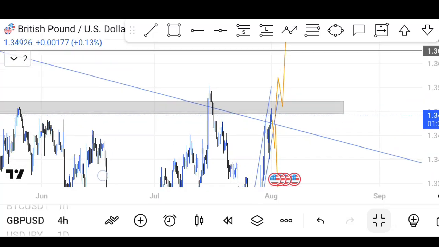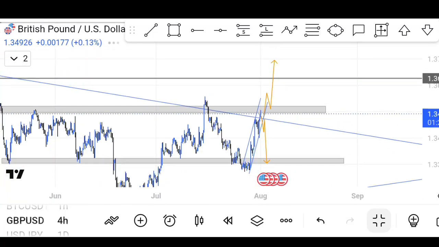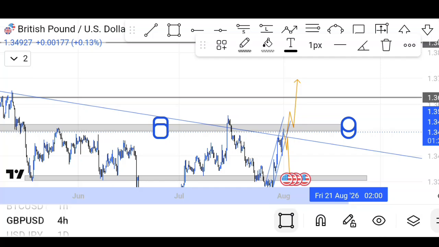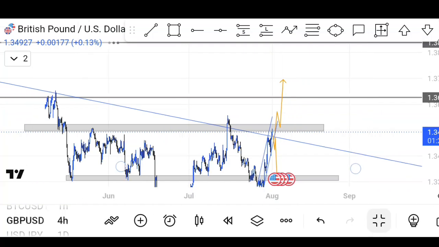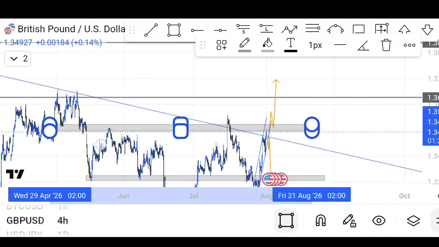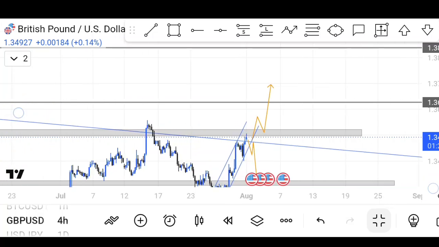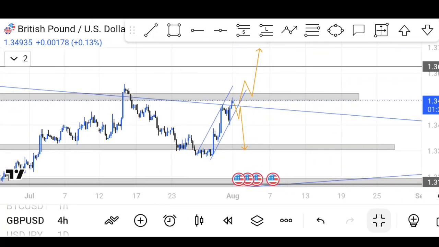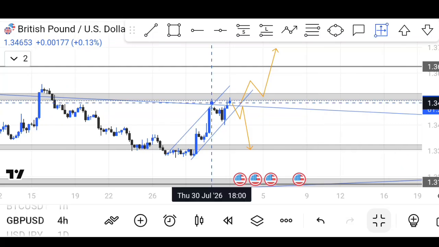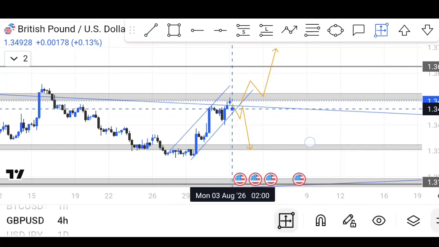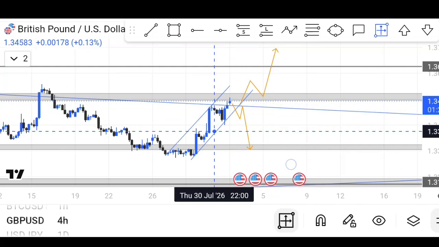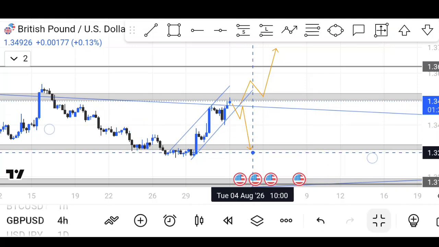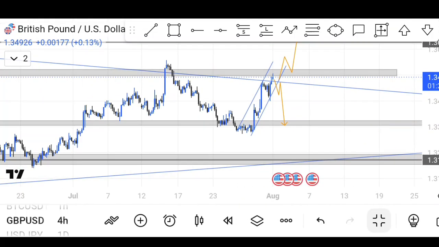The only reason I'll be interested in buying GBPUSD is if price breaks out of this resistance level here. And the only reason I'll be expecting to sell is if price breaks below this trend line and this other trend line, retests it, then I'll be looking for selling opportunities to the downside.